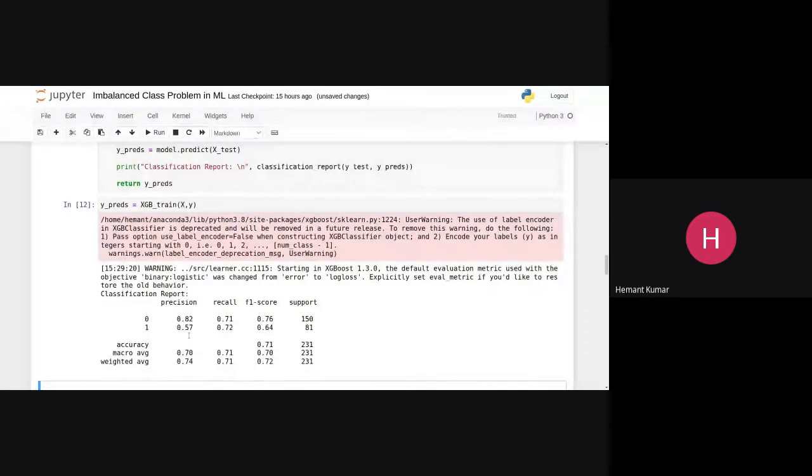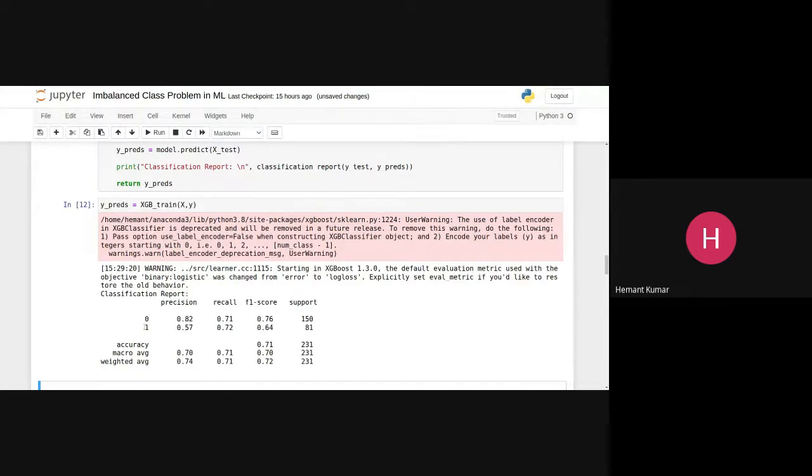Before using any imbalance-handling algorithm, with the XGBoost classifier, class 1 precision is 57%.